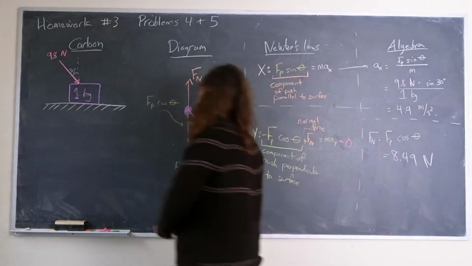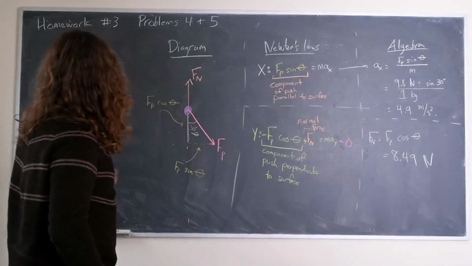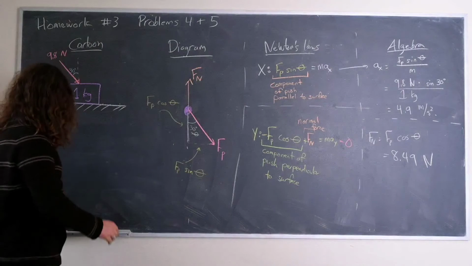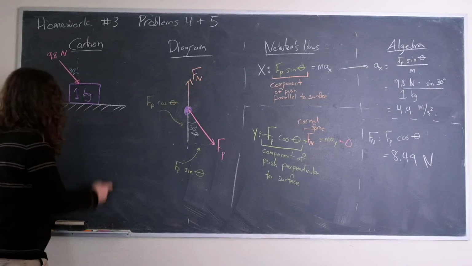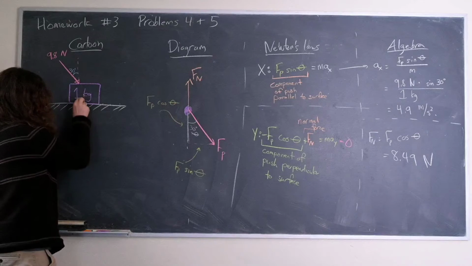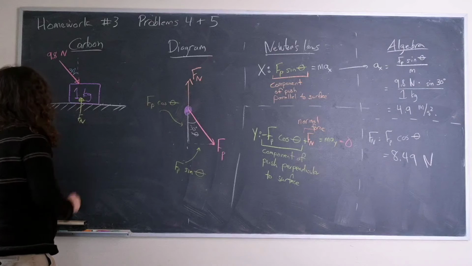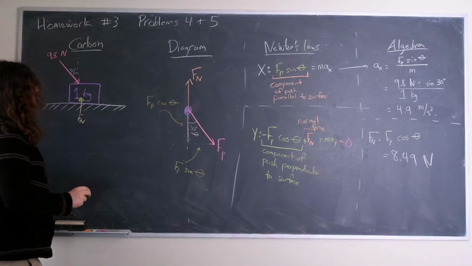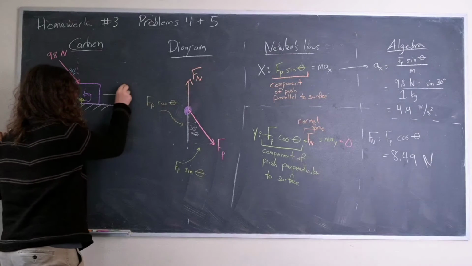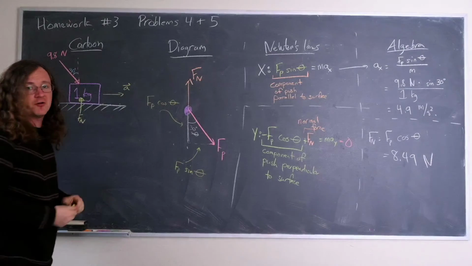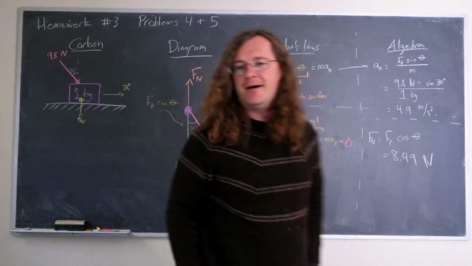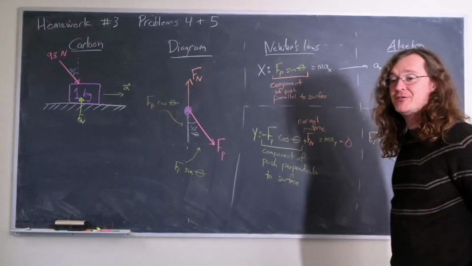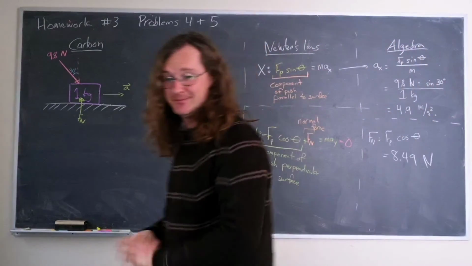So what's going on? Well, the component of the pushing force that is perpendicular to the surface gets opposed by the normal force, right? The table pushes it up. But the component of the push that is parallel to the surface produces an acceleration because there's nothing to oppose it. Now, I told you that I would do problems 4 and 5 all in one go.